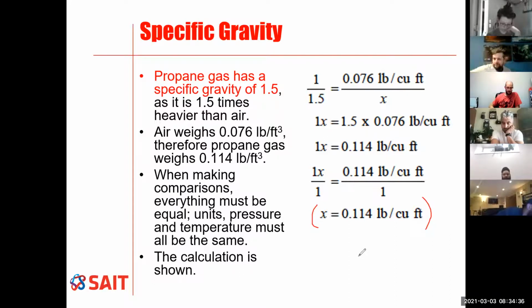That is the mass of propane gas. It's a comparison. We're good? Got that?